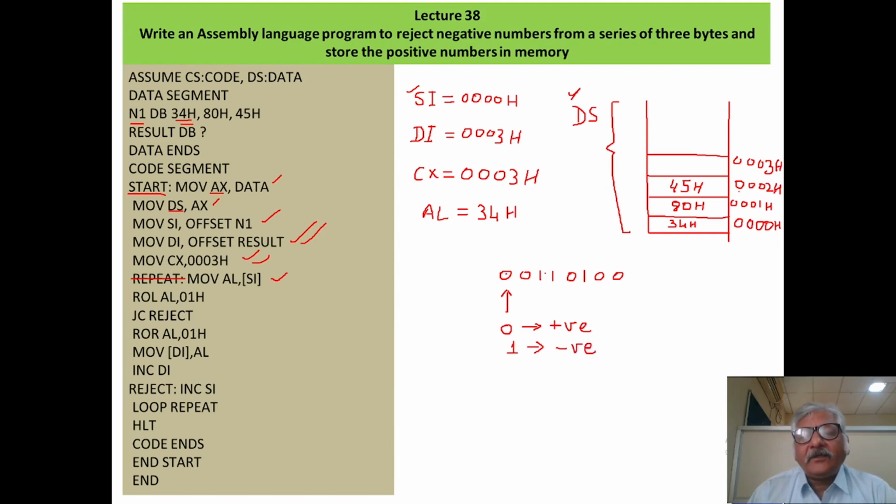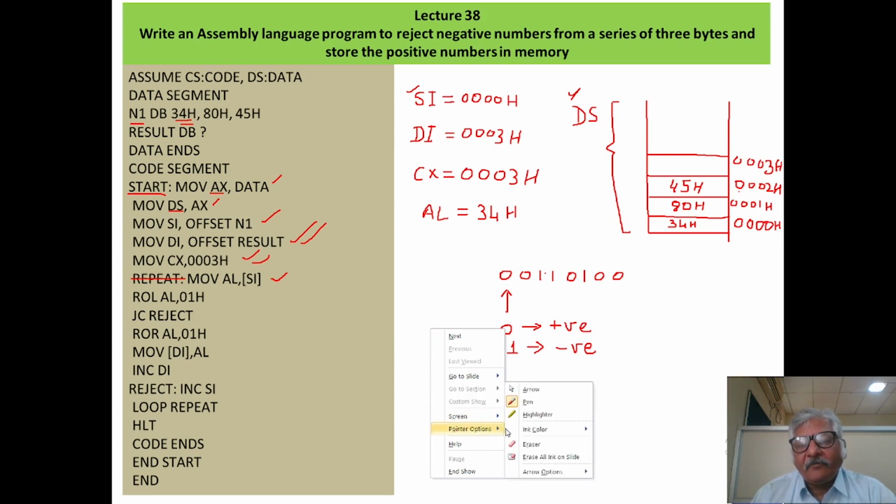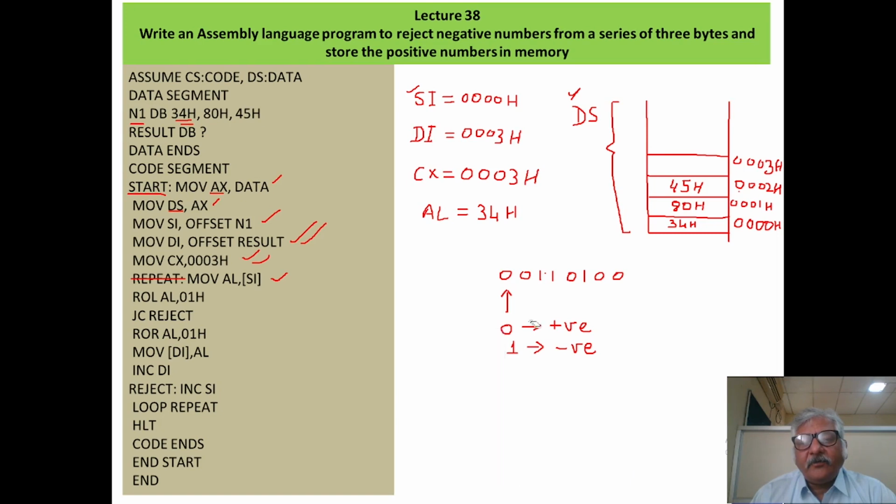So we have to check this MSB. For that I am using the instruction ROL, rotate left. I already discussed this instruction in previous lectures, so you can go through that lecture.